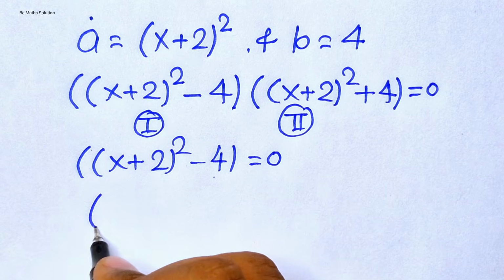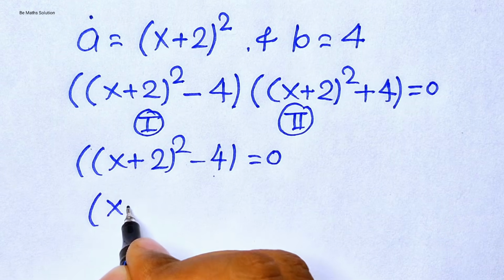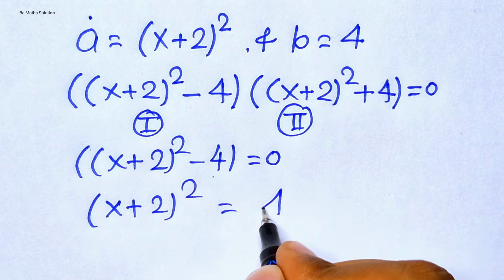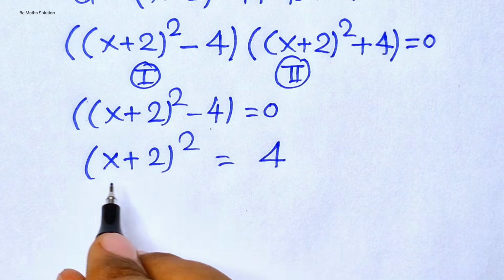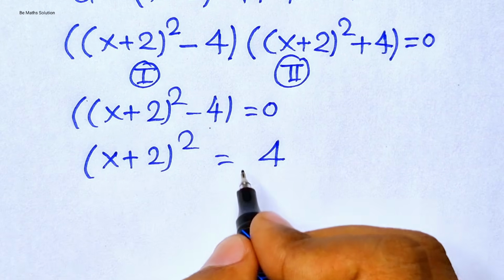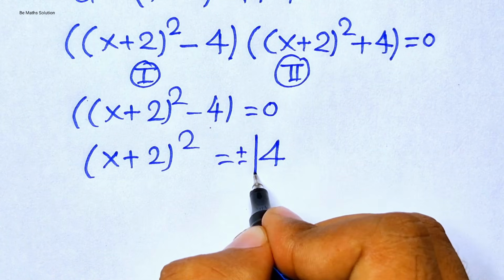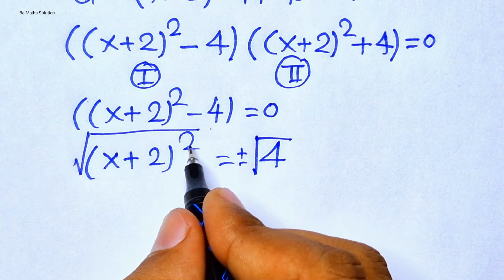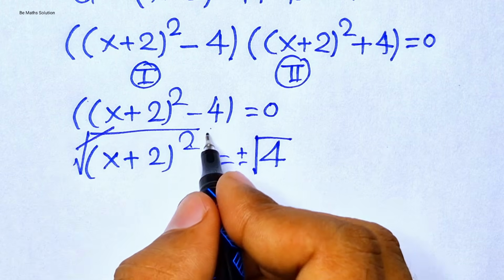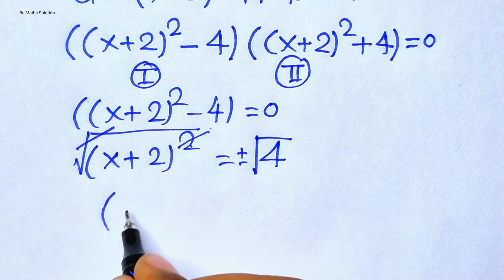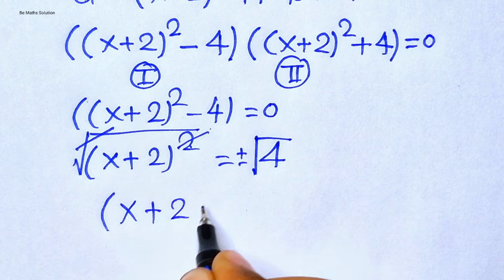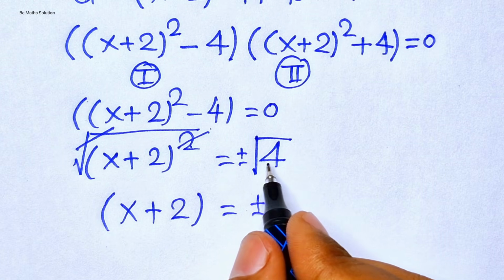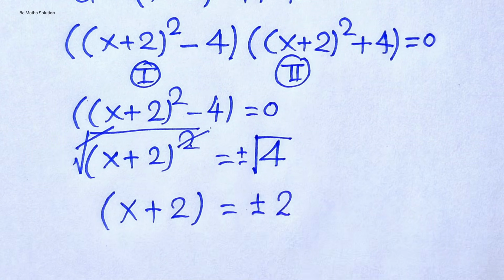So it will be (x + 2)^2 = 4. We apply square root on both sides, plus minus square root. This square and this square root cancel. So it will be x + 2 is equal to plus minus square root of 4, which is 2.